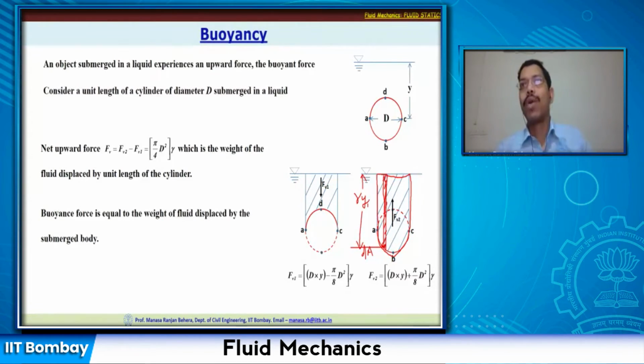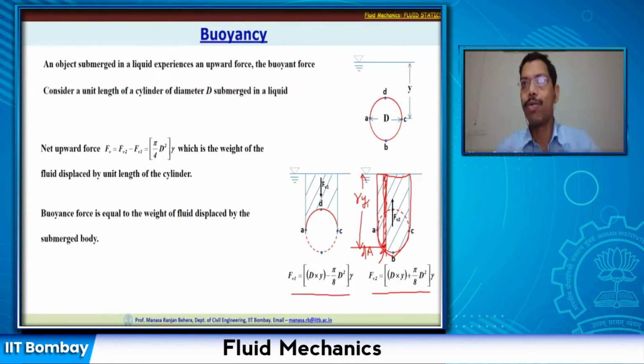Now this force is acting somewhere here, and the net force is going to act in the upward direction. So that we can calculate by taking the volume, that is dy plus pi d square by 8 multiplied by 1 multiplied by gamma. So this becomes your force that is acting upwards.